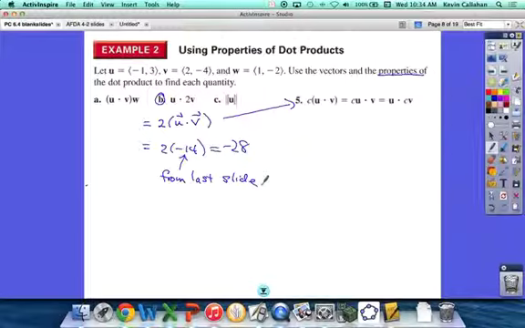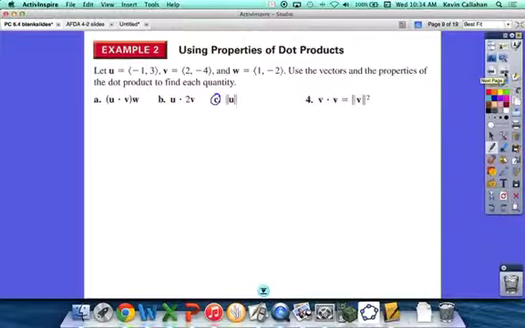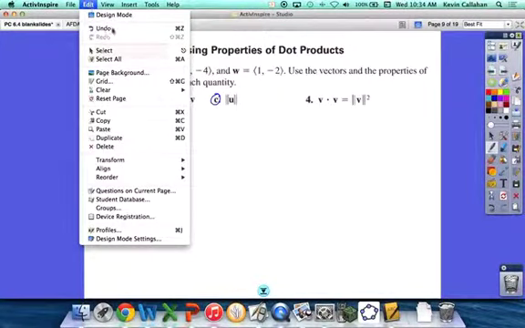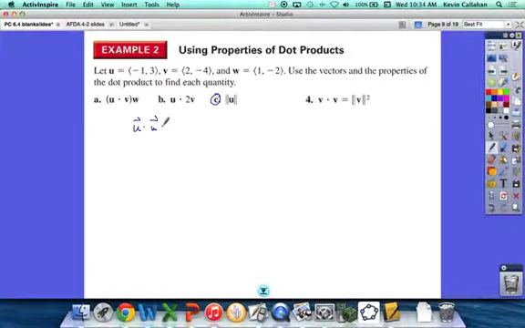Okay, and the last one is going to be find the magnitude of u. We had a property for that. The property was the magnitude squared equals the vector dotted with itself. So if we're going to do the magnitude of u, then let's do u dot u. U is negative 1, 3.